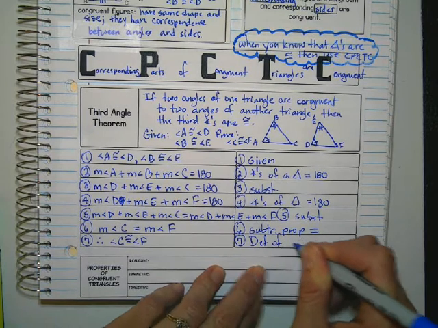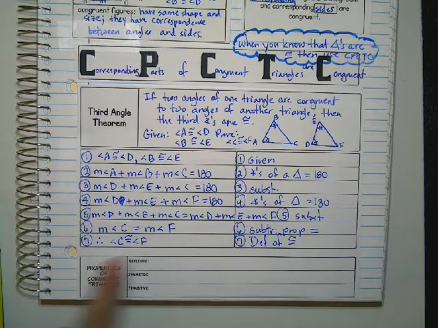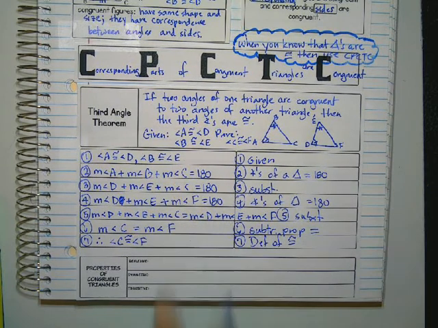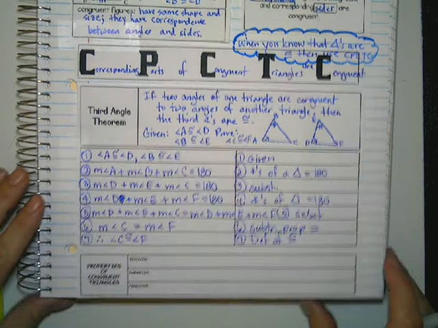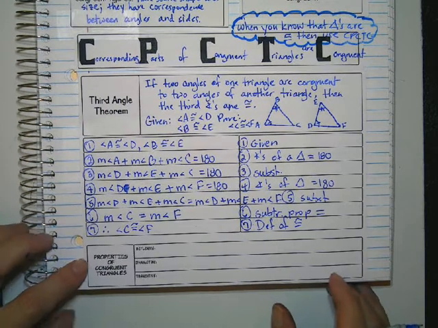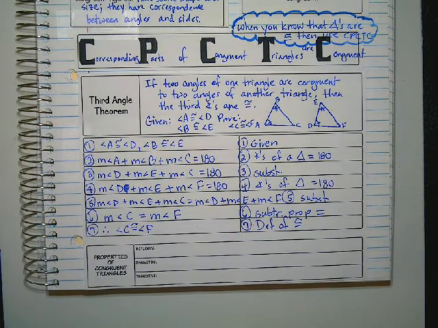Now these properties should sound familiar because we've done them 100 times. These are your properties of congruent triangles. We've done reflexive, symmetric, and transitive so many times now. I think you should be pretty familiar with it. But when we want to relate these to triangles, this is the way it sounds.